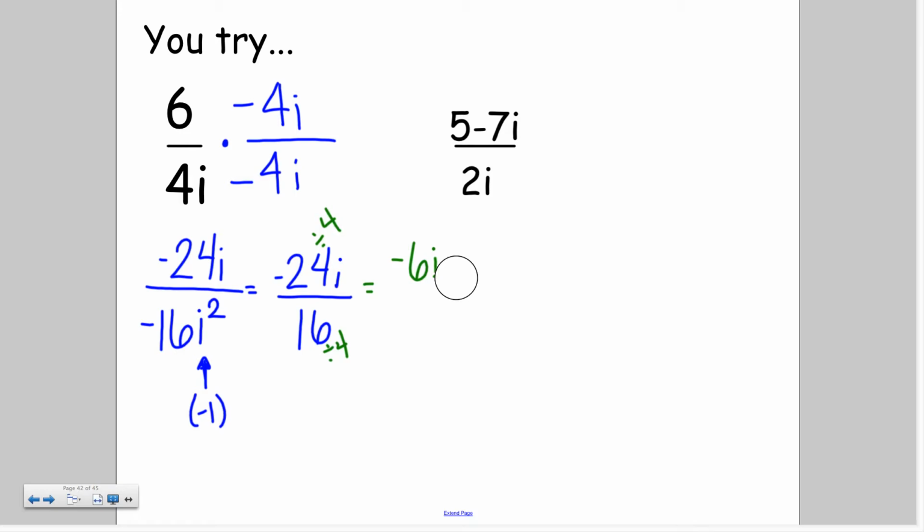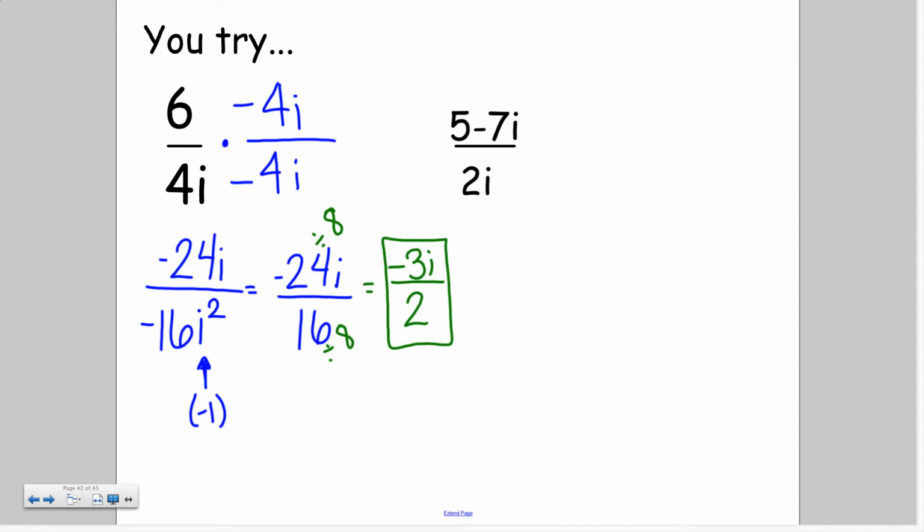Actually, 8 can be a factor of both of those, because then we'll have to go even lower. So 8 and 8. All right, so 24 divided by 8 is 3, negative 3i, and 16 divided by 8 is 2. All right, so that's the answer for that one.